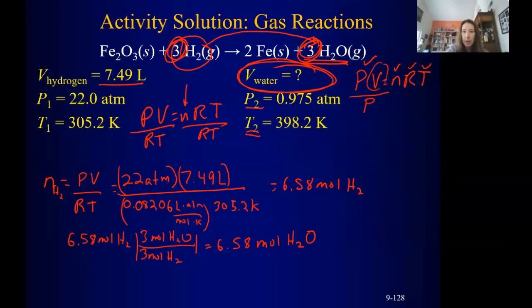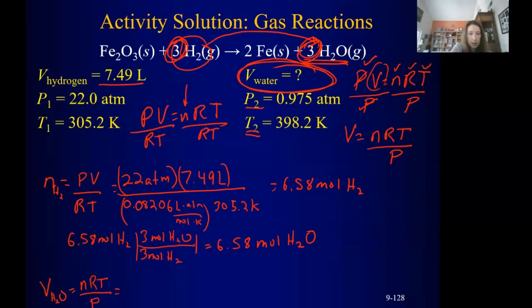So divide by P, divide by P, V equals nRT over P. Okay, so V of water is nRT over P. So I have 6.58 moles, 0.08206.